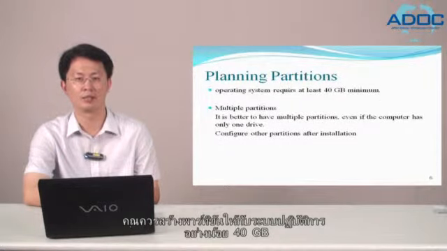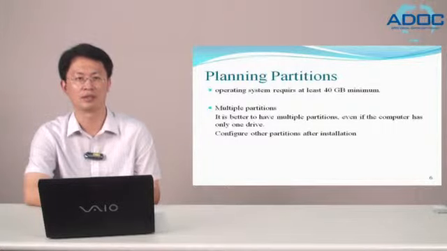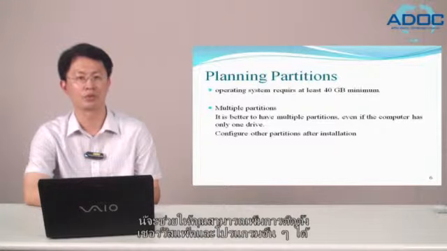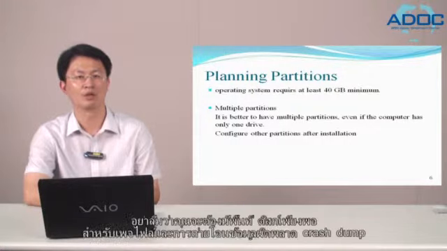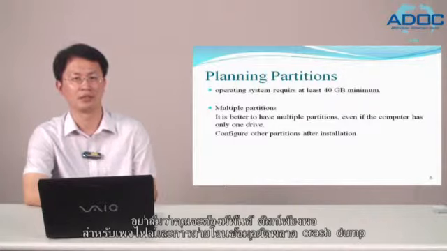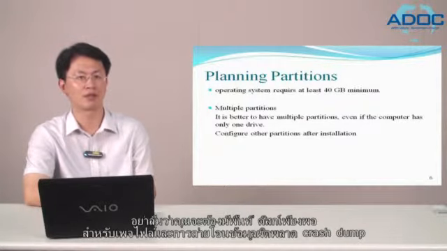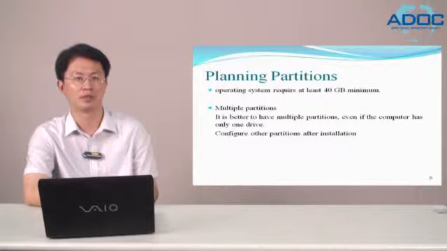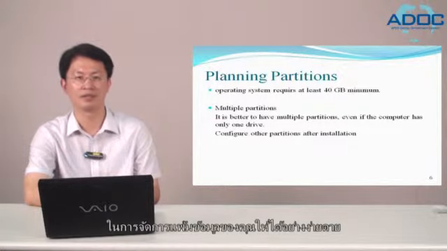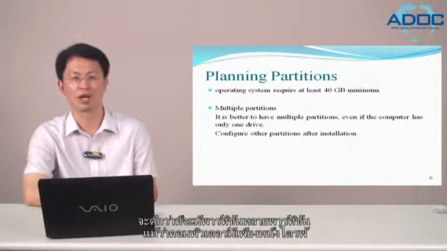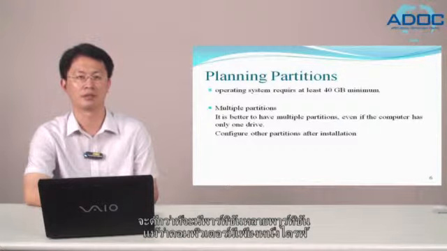Now you should create a partition for the operating system with at least 40 gigabytes minimum. This allows you to install the addition of service packs and other programs. Don't forget that you need to have enough disk space for the page file and crash dump. To manage your data files easily, it is better to have multiple partitions.